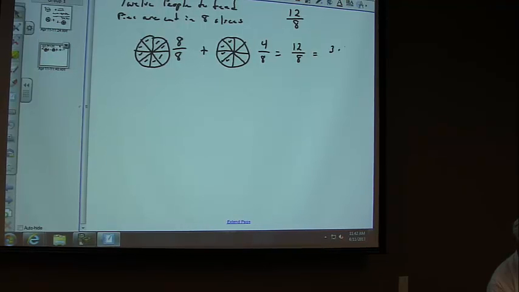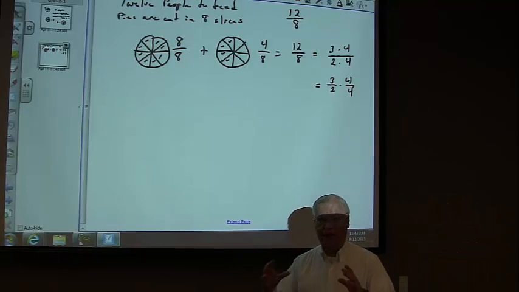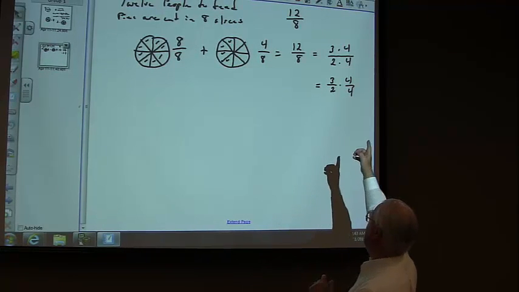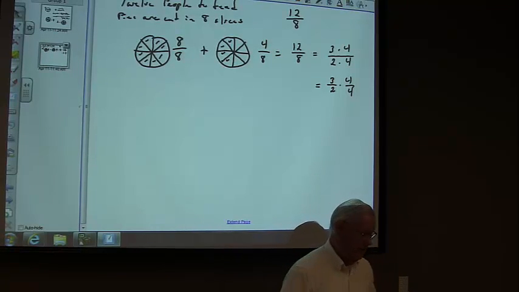3 times 4, and on the bottom I have 2 times 4. Mathematically, I can separate that into 2 fractions. That's 3/2 times 4/4. But we do know that if I have a pie cut into 4 slices and I have all 4 of them, 4/4, that's a whole pie, isn't it? So that's really 1.